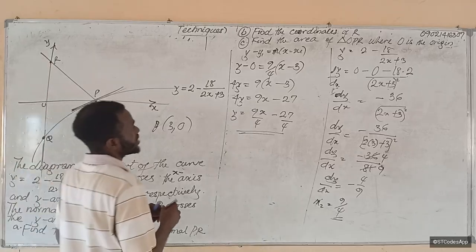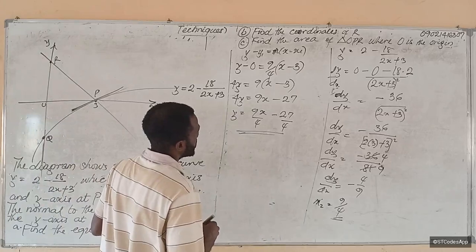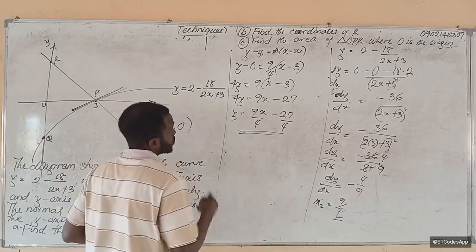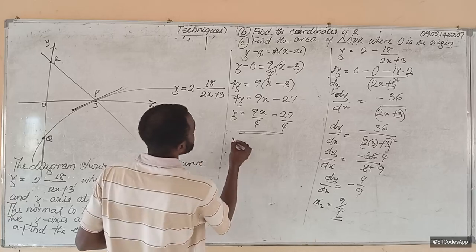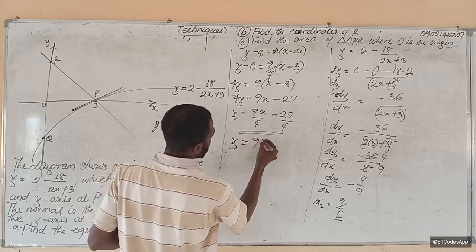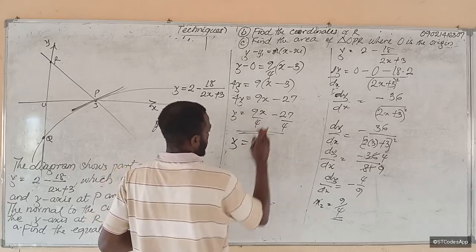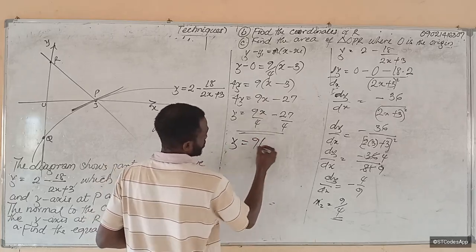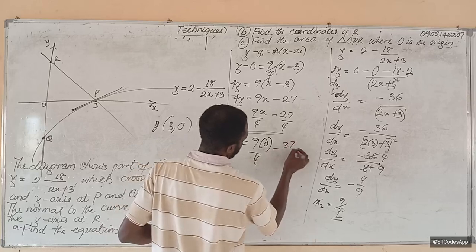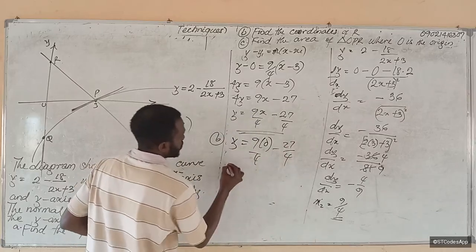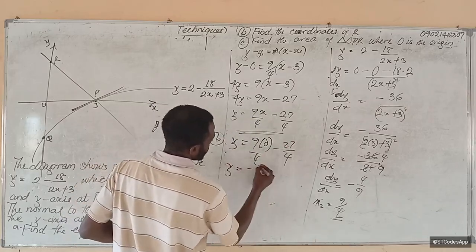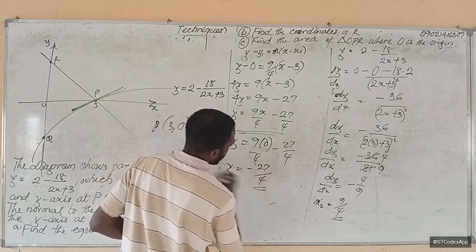So y is the one that has value, so we need the value of y. So y will be equal to 9 into bracket 0 over 4 minus 27 over 4. Everything here will give us 0. So y will now be equal to minus 27 over 4.